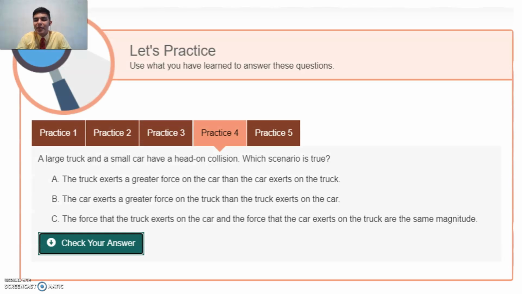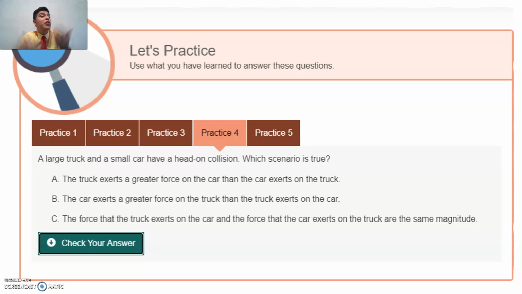We have this one, practice number 4. A large truck and a small car have a head-on collision. So which scenario is true? So letter A, B, or C. So just to go a little bit quicker on these options, I'm going to tell you that the correct answer is letter C. So the force that the truck exerts on the car and the force that the car exerts on the truck are the same magnitude.